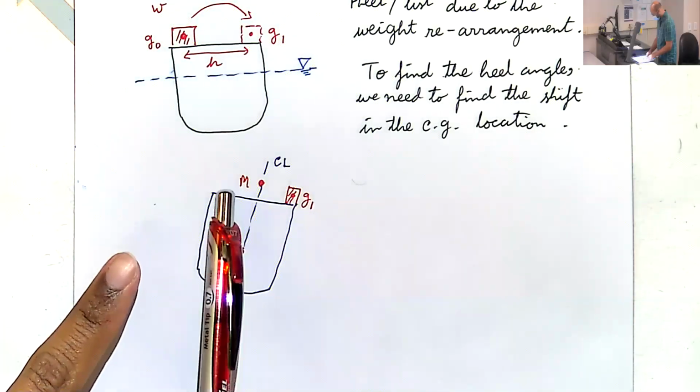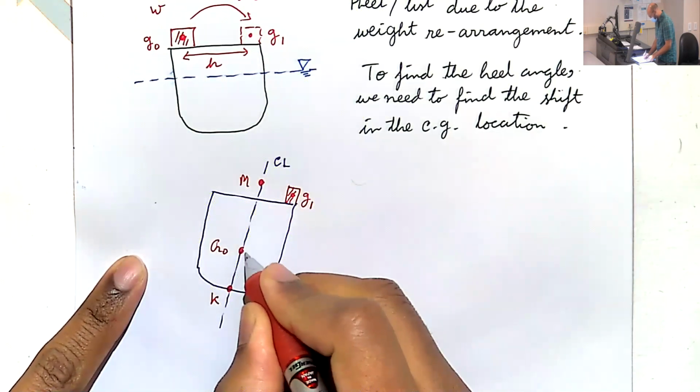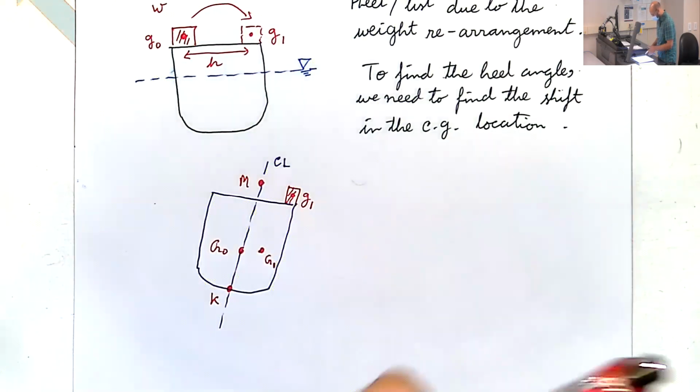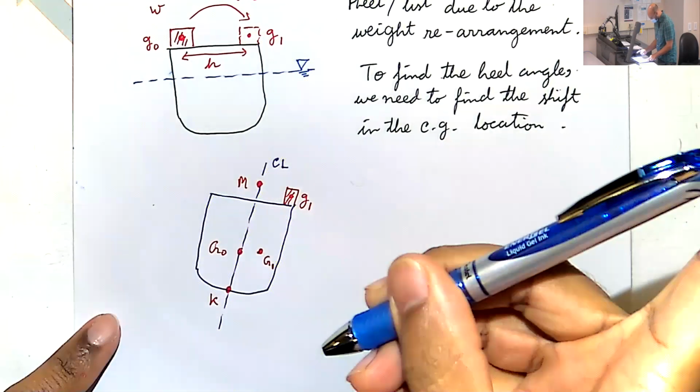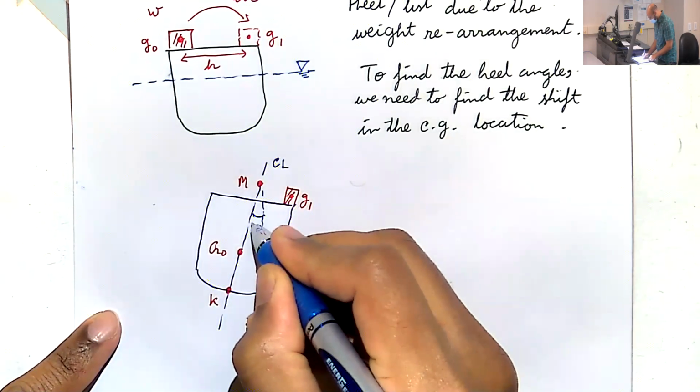So when we've moved the container to the right, we've also shifted our center of gravity from G0 somewhere over here. And this angle, the heel angle, we call phi.